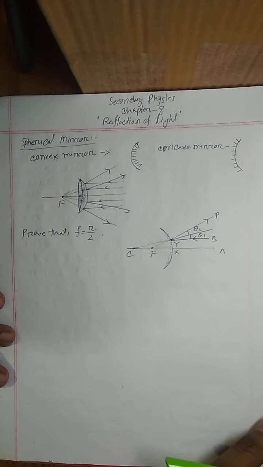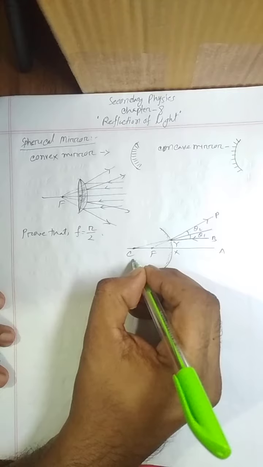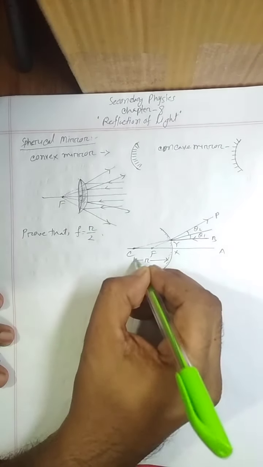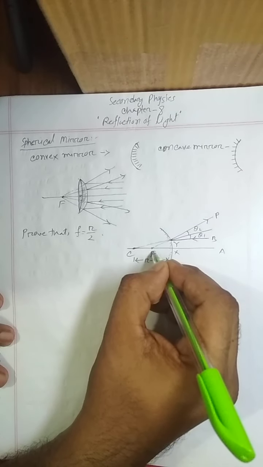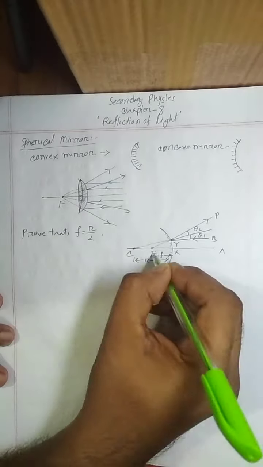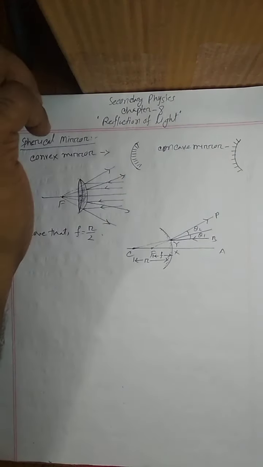Now this is R, the radius, and this is F, the focal length. Okay, we have to find the relation between them.